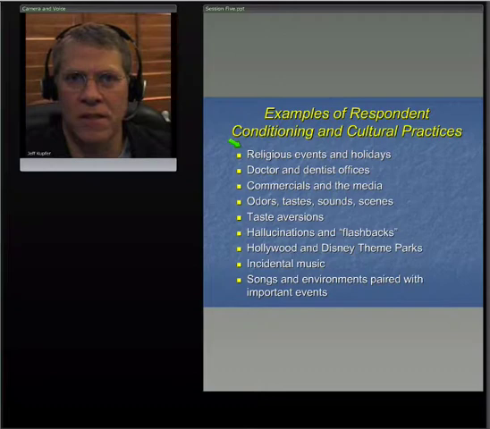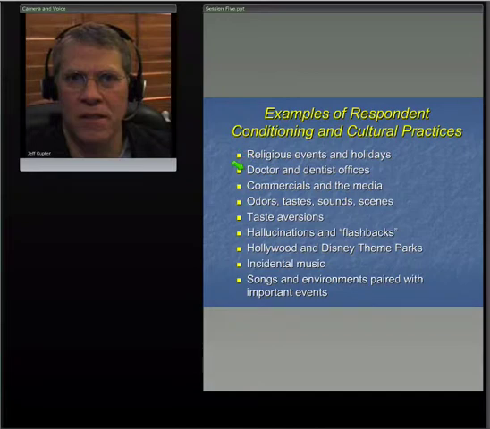Now, of course, even at 7 years old, I knew what was going on here. I knew that this was obvious respondent conditioning, but I went along with it anyway, just to experience the whole event. So here again is a fairly good example of using respondent conditioning with pairing religious events.